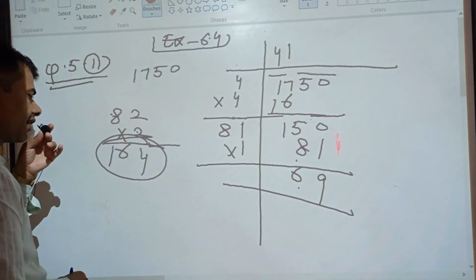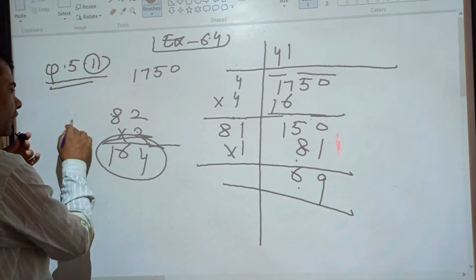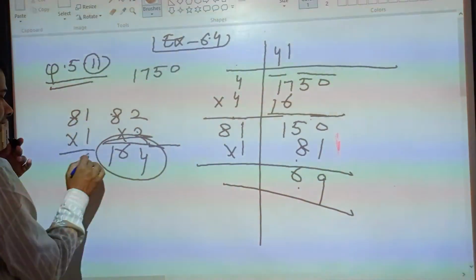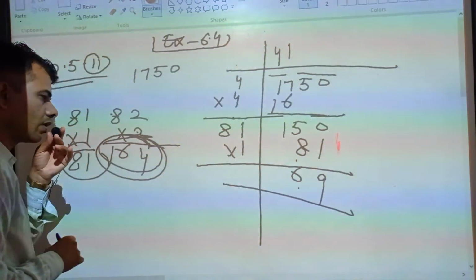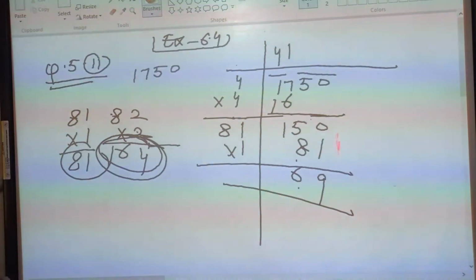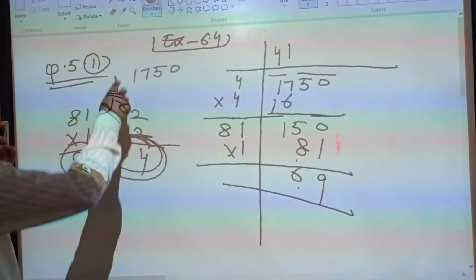So I will use only one, 81 times 1 is 81. I cannot use 164 because it is greater than 150. Any doubt? No, sir.